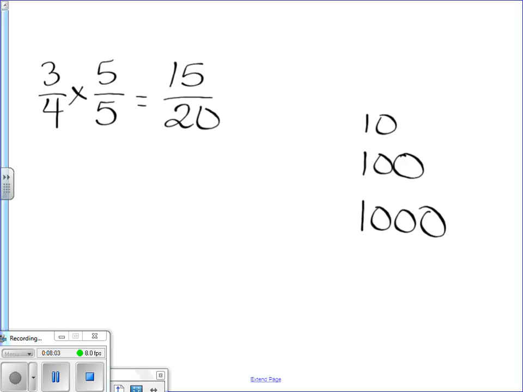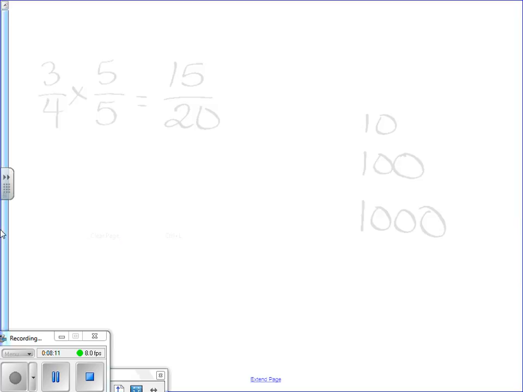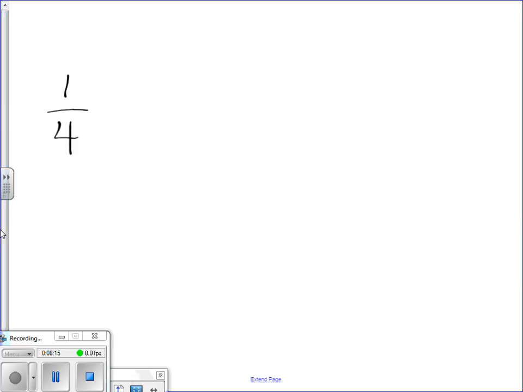So, I'm going to try. Let's clear this off. It's too cluttered. Say I have 1/4. And I have to do getting to a power of 10. Because to get to a decimal, I have to do a power of 10.